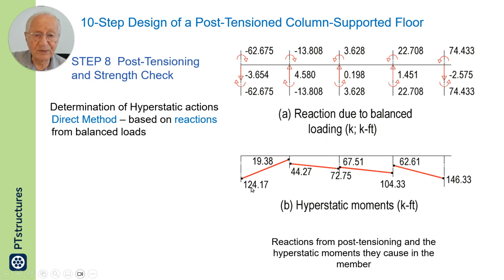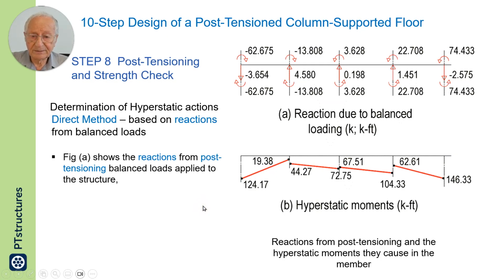So I have 124. But then there's a reaction here as you move to the right. This 124 drops because of this reaction. And then I take moments here and I have this value. This is very simple calculation. You just take a section and take moments of whatever forces you have and you build this. The diagram at the bottom is the distribution of moment which I will have to include in the load combination.